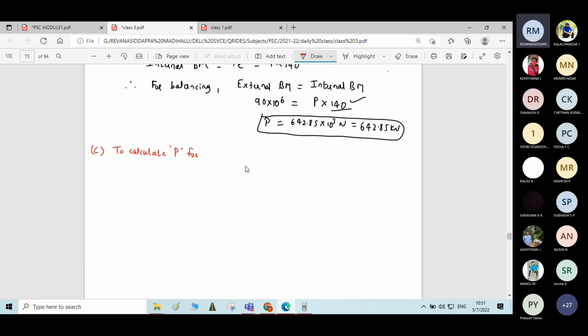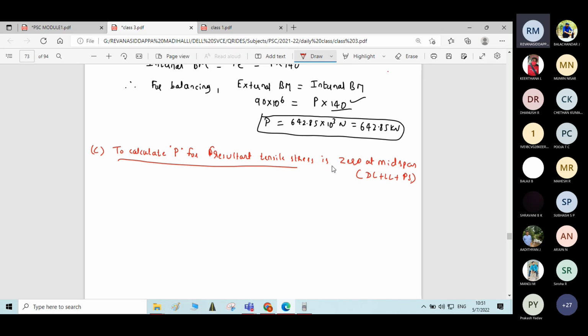For resultant tensile stress to be 0 at midspan, the combination is dead load plus live load plus pre-stressing force.